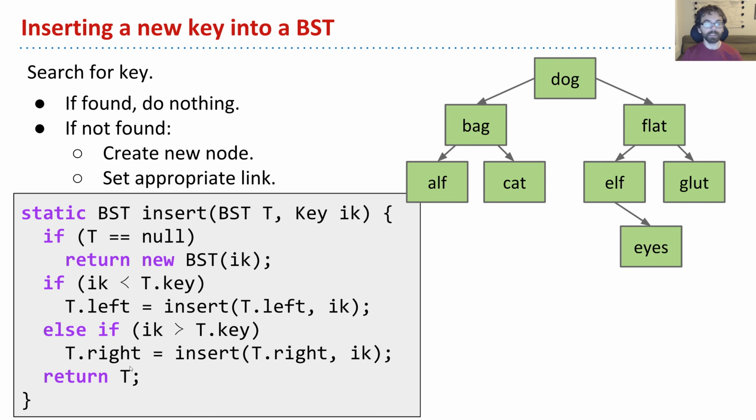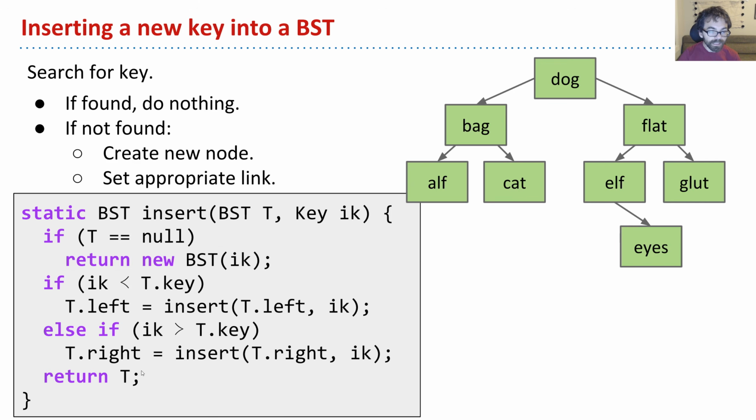So maybe one way to think about this is there's two ways that we don't make a recursive call. One is we fell off the tree because it was null, and we return a new node containing the insertion key. The other is that the key is already in the tree, and we're just returning a link to the existing node. So these two non-recursive cases basically will refer to the item.